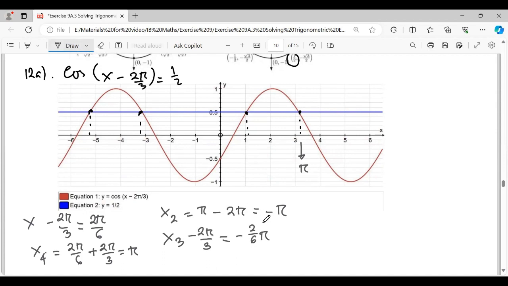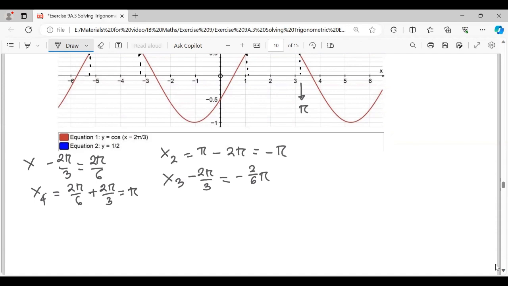So that's why besides negative 2 over 6 pi, also the values of negative one half are in negative 2 over 6 pi as well. So x third equals negative 2 over 6 pi plus 2 third pi.